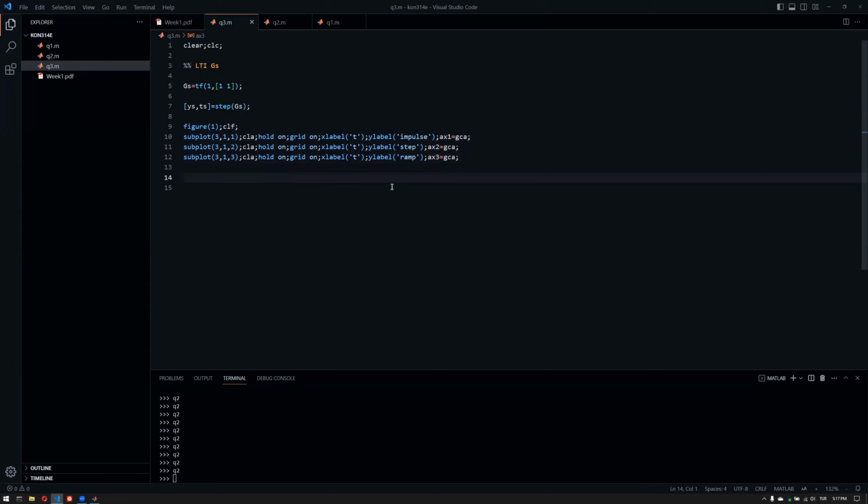Now, I would like to quickly get these responses using the step function here. And since our system is linear, when we have x1 as an input to our system, and it gives us y1, if we have x2 as an input and it gives us y2, the combination a times x1 plus b times x2 should give us, you guessed it, a times y1 plus b times y2.